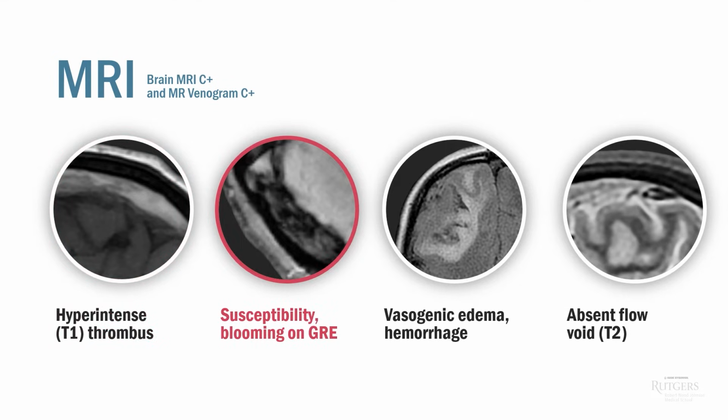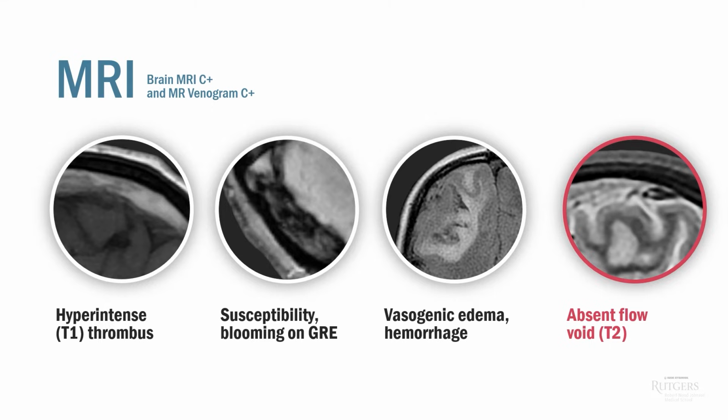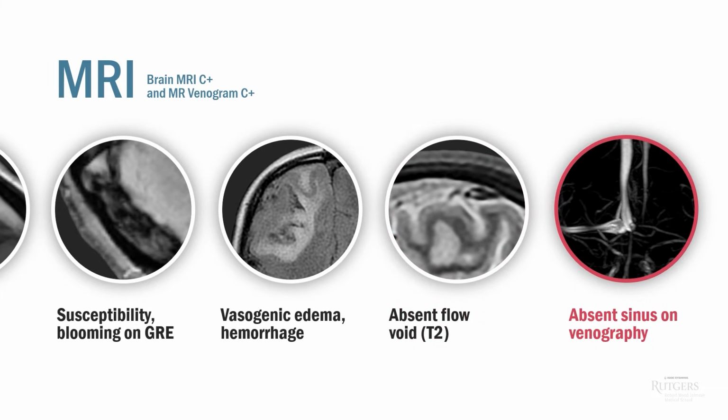Thrombus will create a susceptibility or darkness and so-called blooming artifact on gradient recalled echo. Vasogenic edema from venous infarction will be located at the gray-white junction and will be hyperintense on FLAIR and T2. In the late subacute or extracellular hemoglobin stage, T2 will slowly brighten, and a normally dark flow void corresponding to a sinus will disappear. And of course, the sinus will be absent on venography.